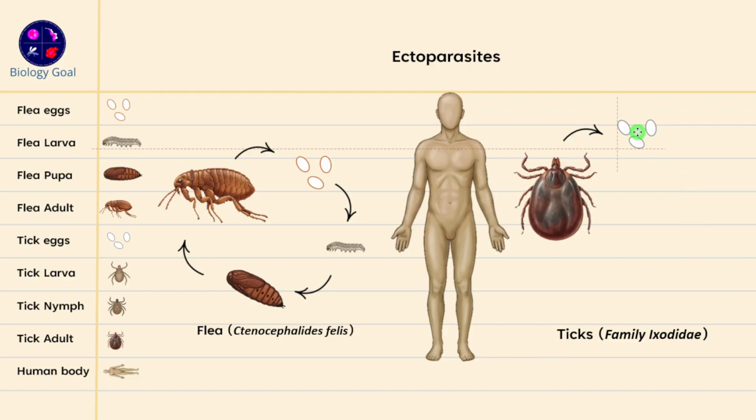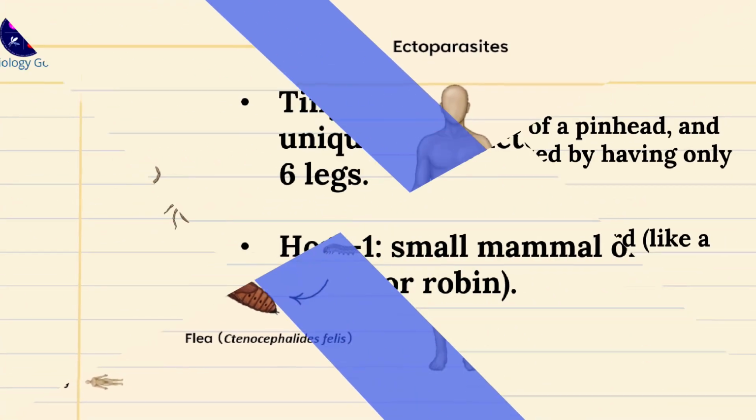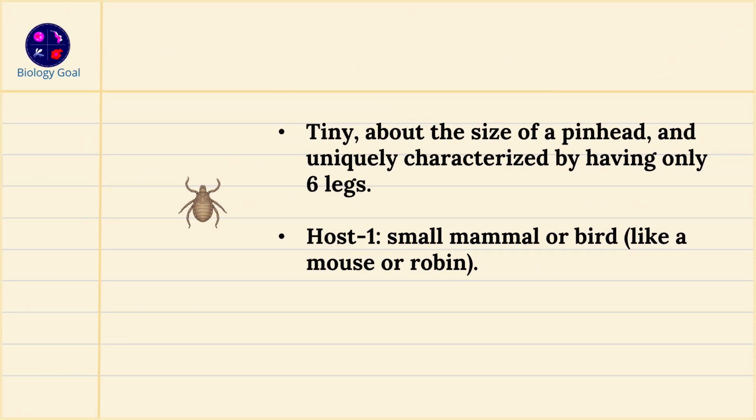So these eggs are going to hatch into the larval stage. And now the larval stage is interesting. It's very, very small, looks like a tick, but it's tiny. It will have six legs. It's a very tiny pinhead structure, characterized by typically 6 legs.